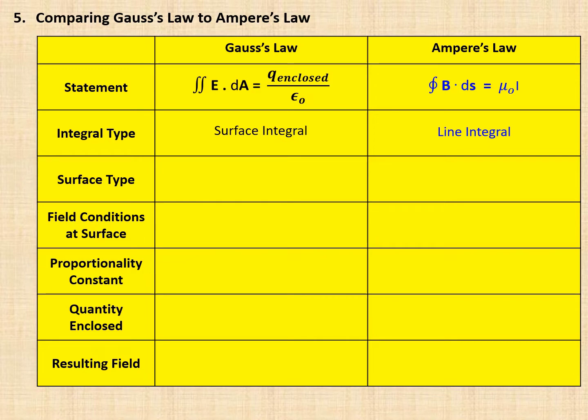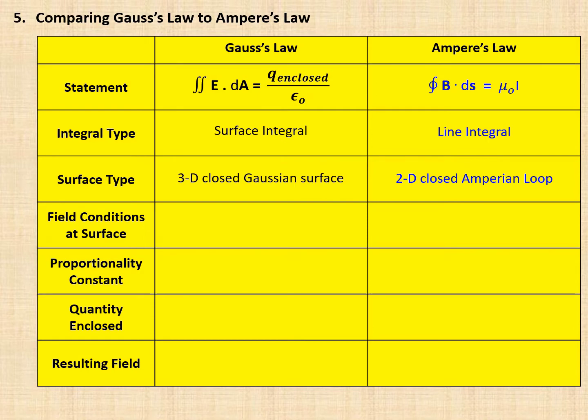When we apply Gauss's law, we are evaluating that surface integral over a three-dimensional closed surface, what we call a Gaussian surface. Whereas when we apply Ampere's law, we're evaluating the integral over a two-dimensional closed Amperian loop.